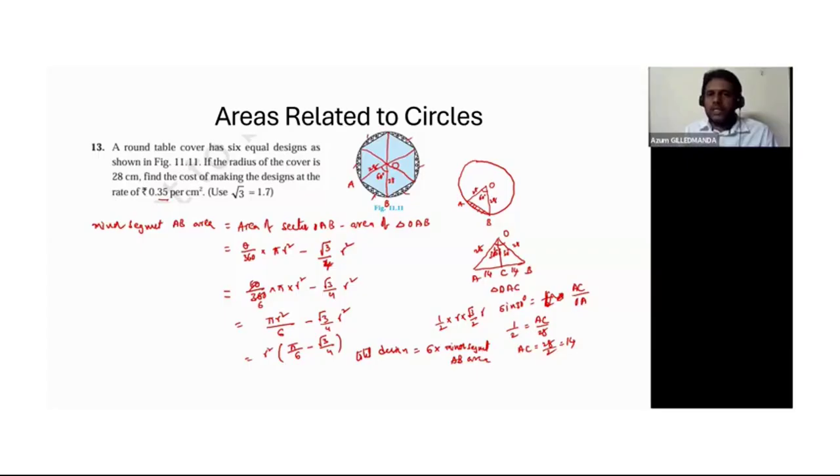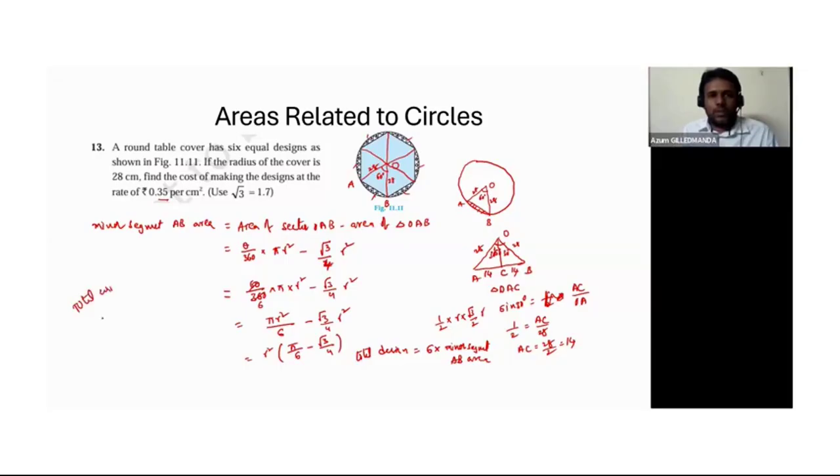Because we have 6 such designs. 1, 2, 3, 4, 5, 6. So 6 into minor segment AB area. Whatever value you get, you can simplify. So once you get that, now you have the total area of the design required. And the cost is given as 0.35. So what is the total cost then?